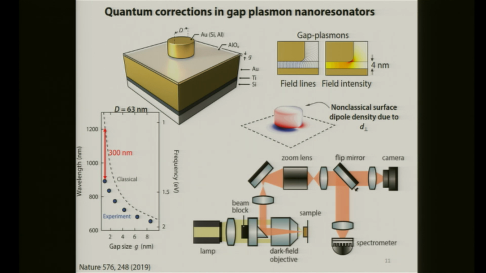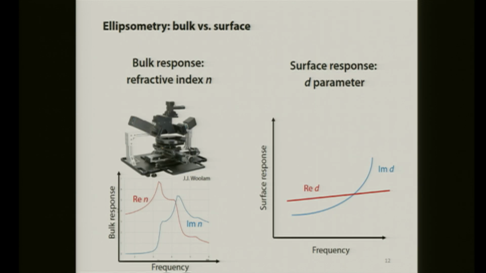What we see is that the experimental measurements of the dipolar resonance of the structure deviate from the classical prediction by about 300 nanometers from the dark field setup that we built on our optical table. And this very pronounced spectral shift allows us to introduce the ellipsometry for the surface, which is analogous to that of the bulk.